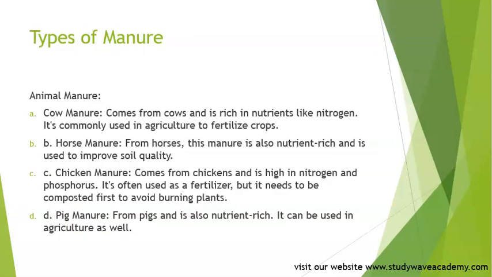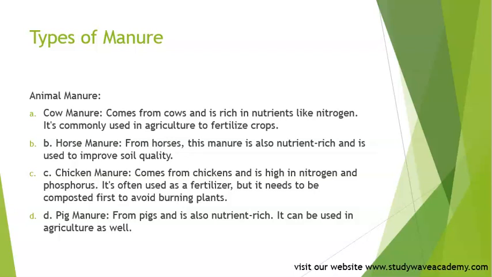We have the animal manure. The cow manure comes from cows and is rich in nutrients like nitrogen. It is commonly used in agriculture to fertilize crops. Okay, the poo of the cow is used to fertilize the soil to help crops grow.